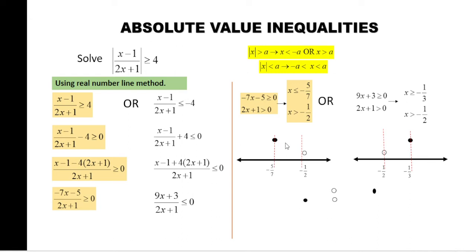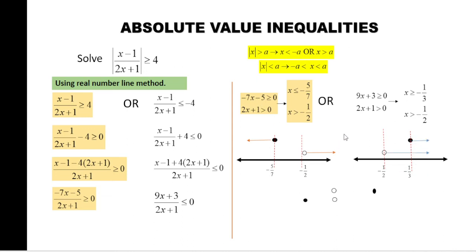Then the second region, negative 5 over 7 to negative 1 over 2, a half open interval. And then from negative half towards positive infinity, this is an open interval. Now we draw the arrow for each line.